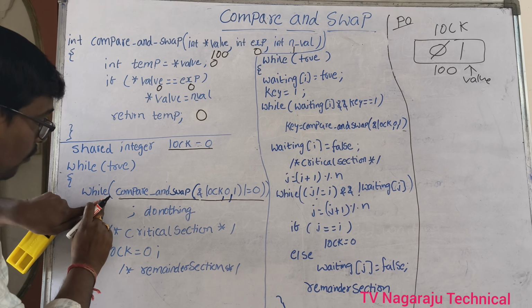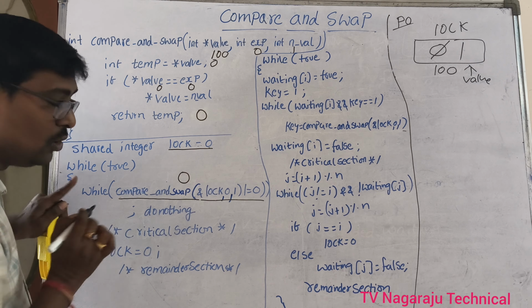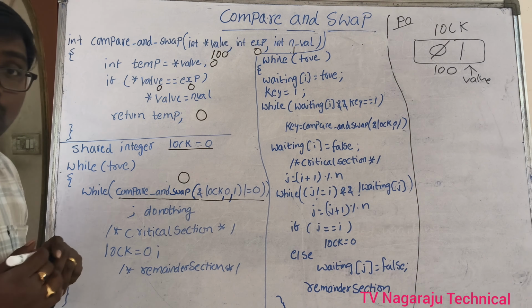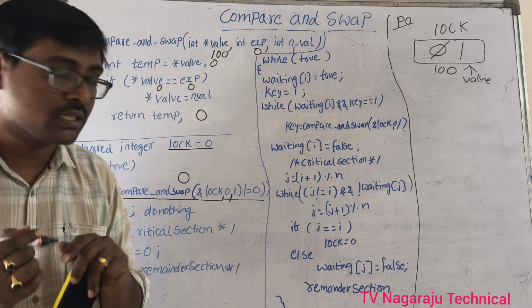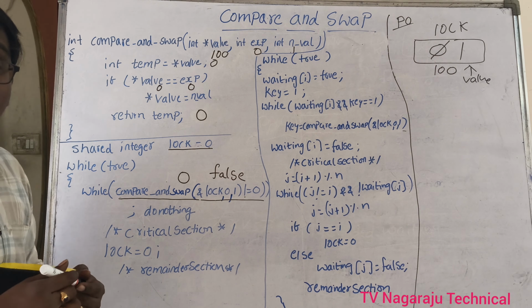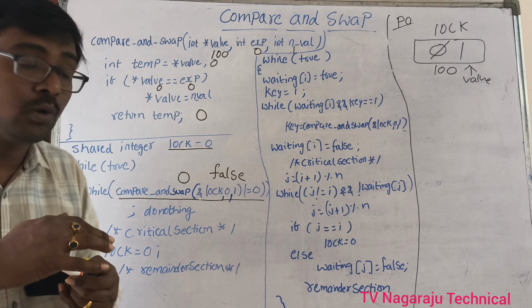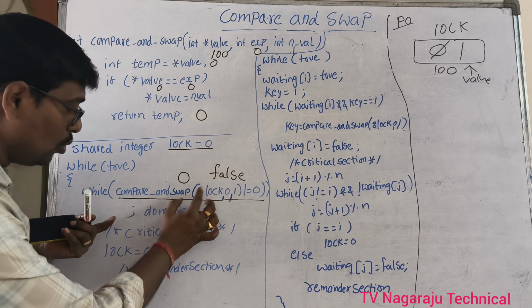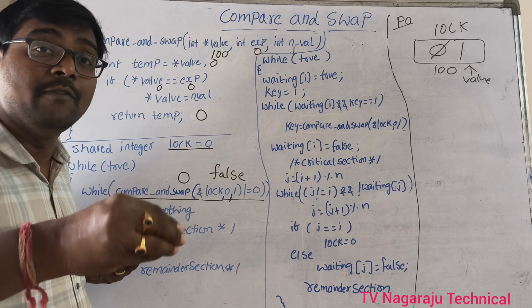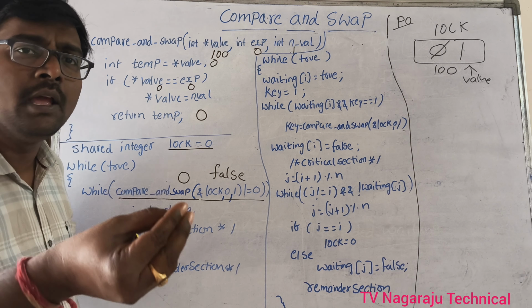Here come to this one. While of this value is 0, 0 is not equal to 0. Is the condition true or false? Obviously 0 not equal to 0, the condition is false. What happens if the condition is true? If the condition is true and there is a semicolon, the loop repeats indefinitely. That is, it keeps on waiting.